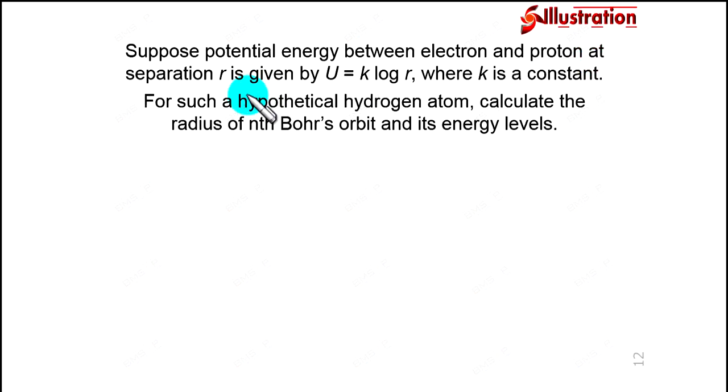But while deriving the formula for the nth Bohr's orbit and energy level, we use the relation capital U equal to k ZE multiplied by minus E divided by small r, that is equal to minus k ZE square divided by small r.